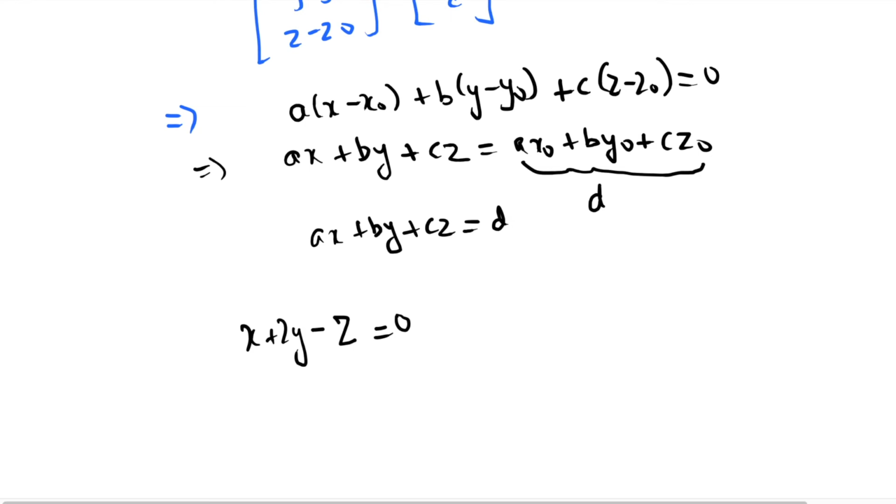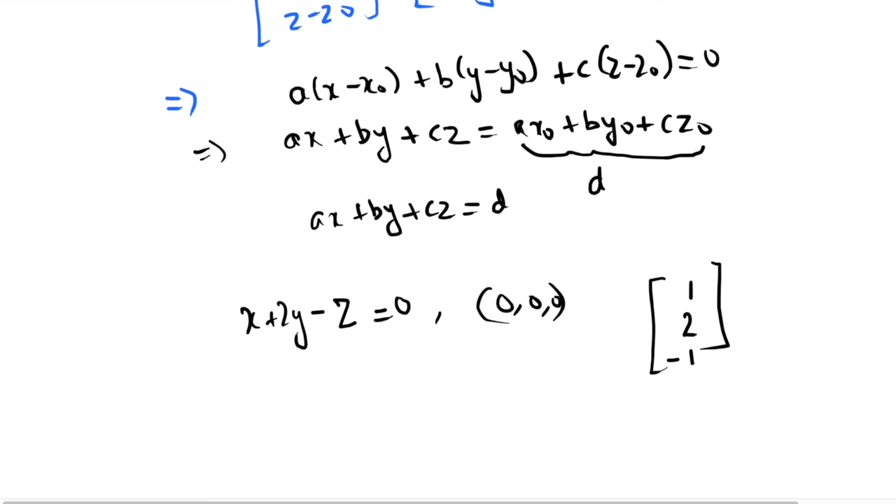This is a plane that passes through the origin, because you can plug in these values for x, y, z and you will see that this satisfies the equation. And the normal vector for this plane will be (1, 2, minus 1).